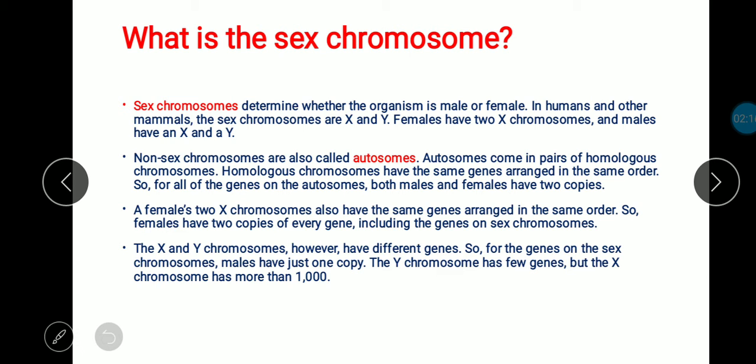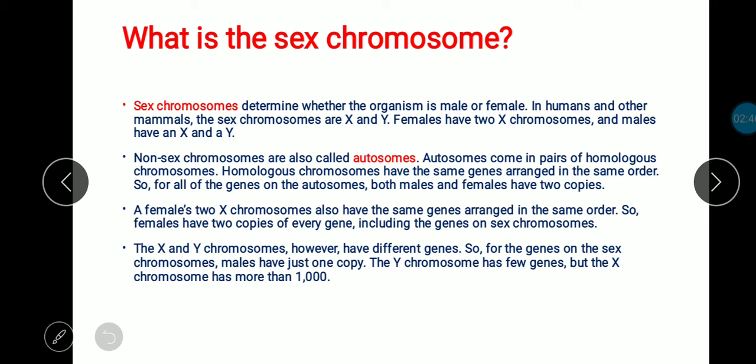A female's 2 X chromosomes also have the same genes arranged in the same order. So, females have 2 copies of every gene, including the genes on sex chromosomes. But this is not true for the Y chromosome or the male.